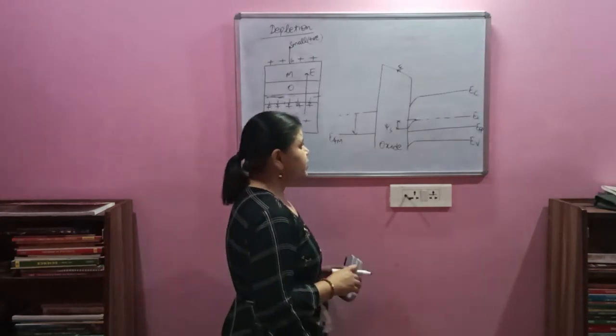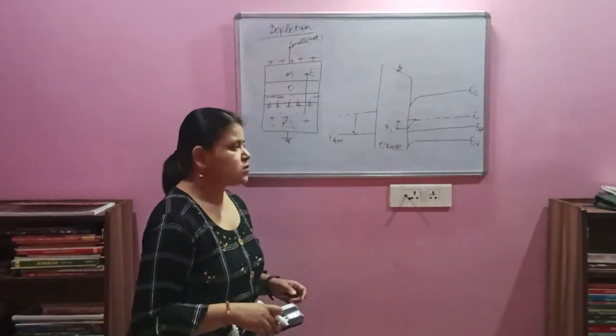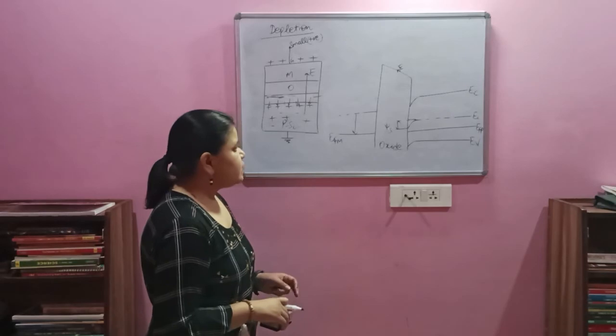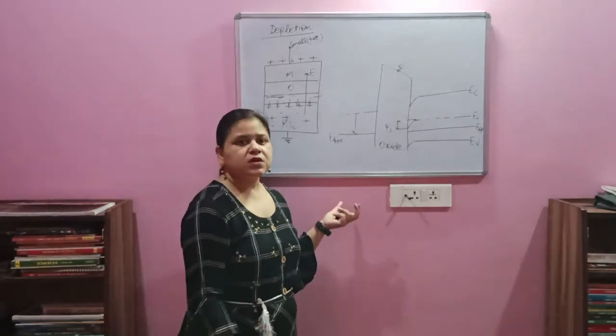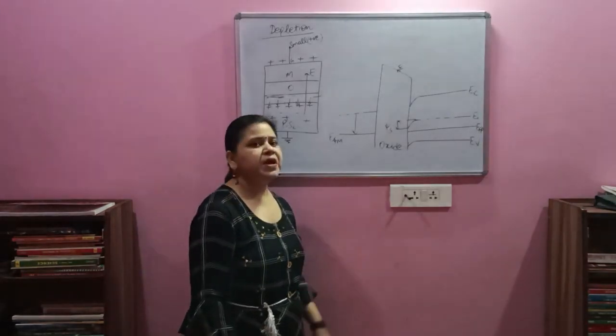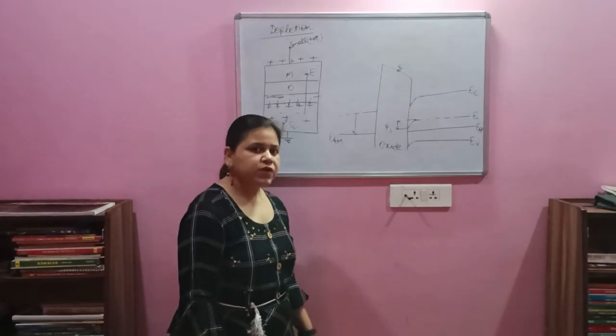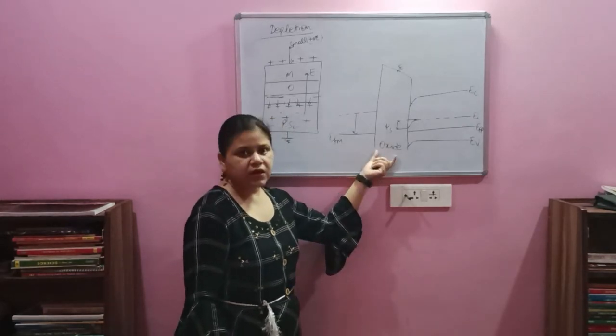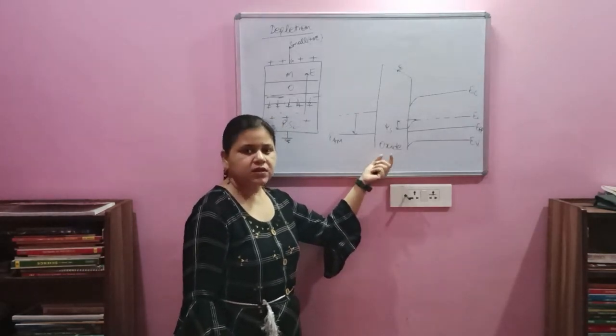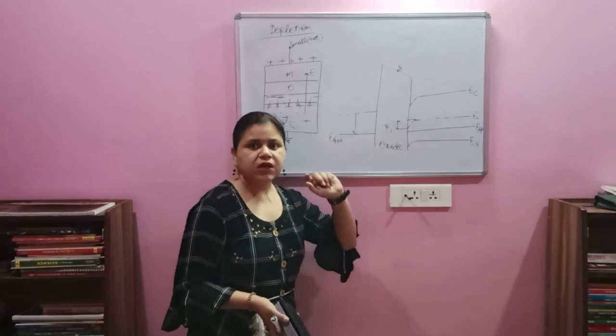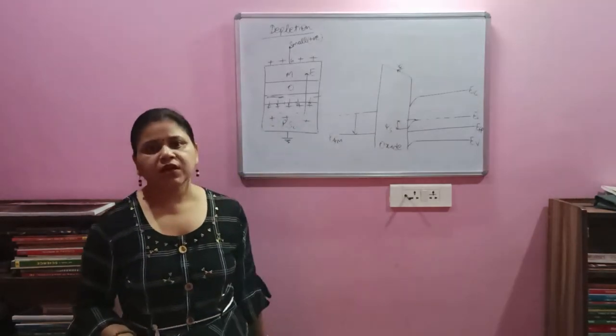Now, one thing is very important, which I forgot to state earlier: whenever we are talking of the MOS structure and drawing the energy band diagrams of the MOS, we know that in between we have an oxide layer. And oxide has a very high band gap between the valence band and the conduction band.